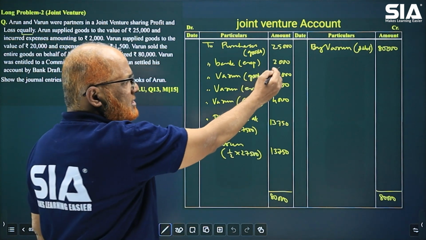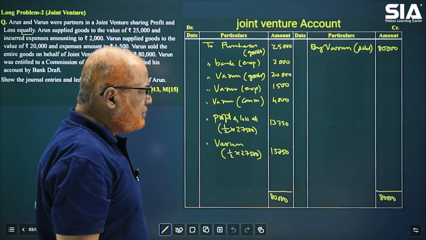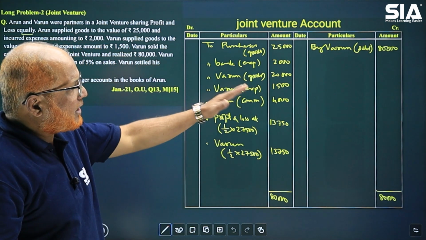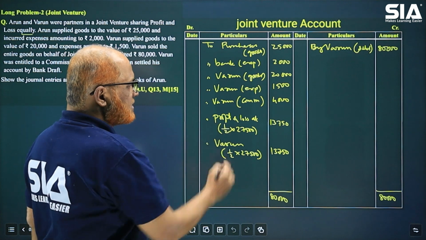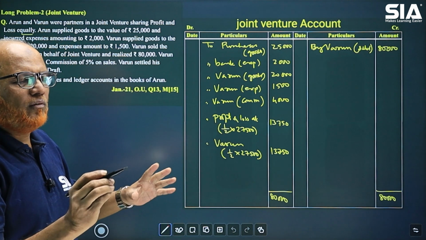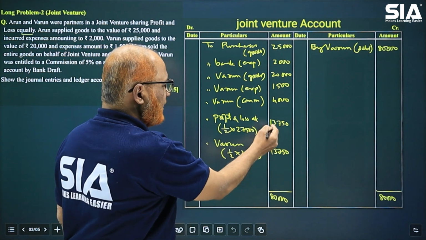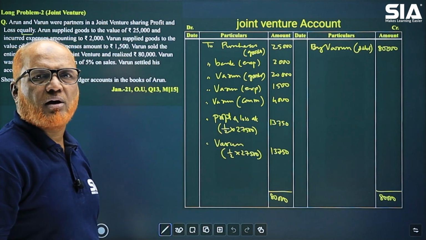So credit side sales, debit side all purchases and expenses. Finally, the difference between credit and debit, we got the profit 27,500, half equally, because both the co-ventures share equally. Half of 27,500, 13,750 each will get. Joint venture account is closed.